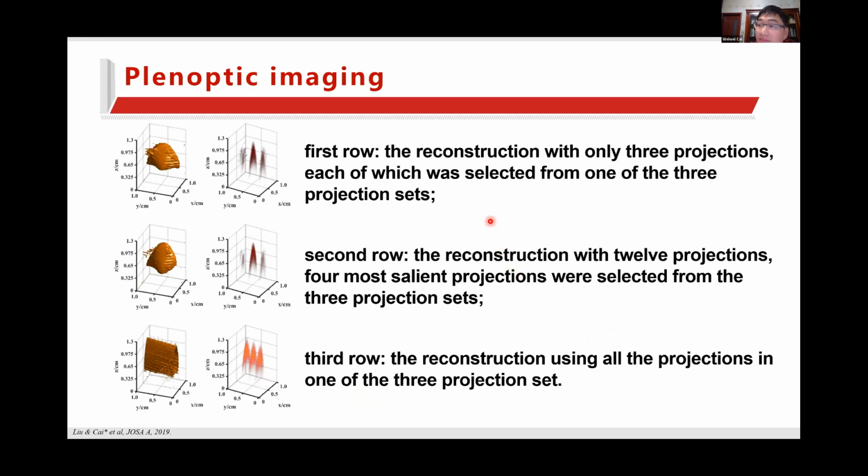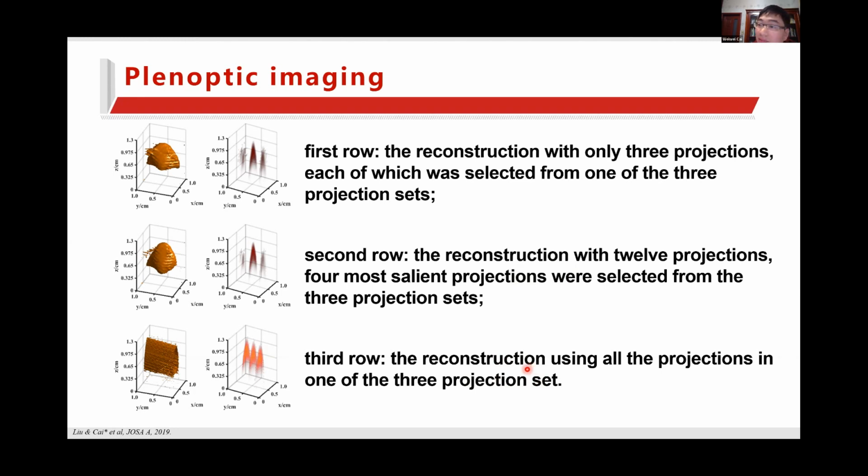We did some reconstructions with three projections, where each projection is selected from three different angles. We also selected four projections from each angle, so we have 12 projections. And we also reconstructed using all the projections at one single angle.